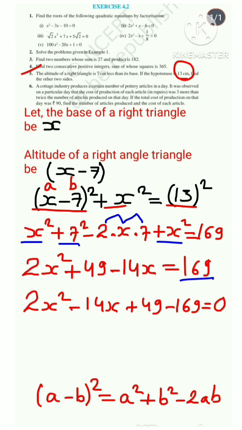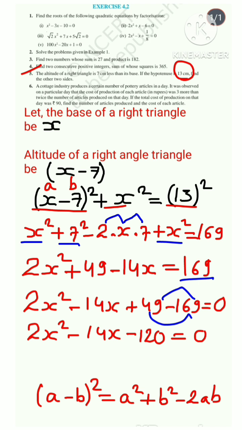Now 2x square minus 14x, okay, here 9 minus 9 is 0, and 6 minus 4 is 2 and 1, so minus 120 equal to 0.